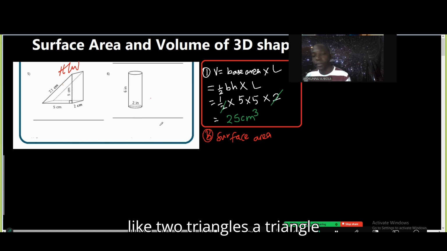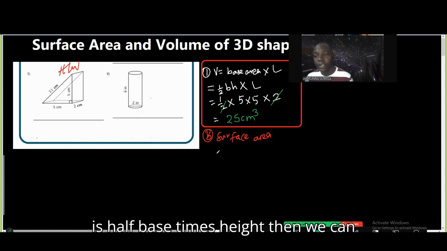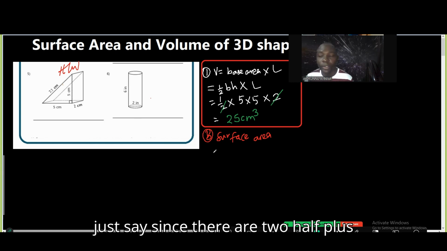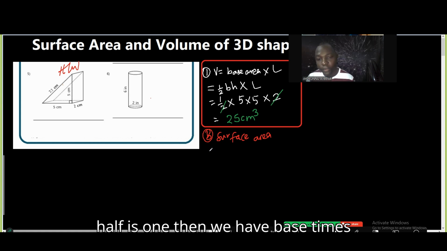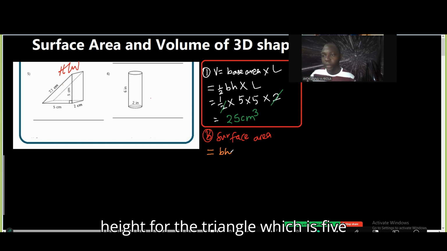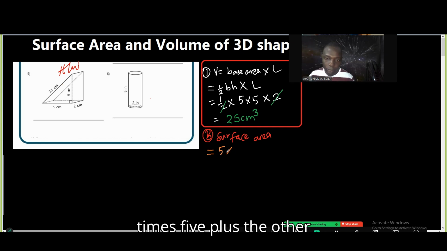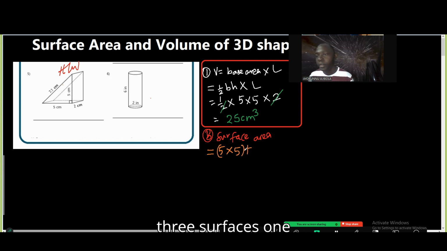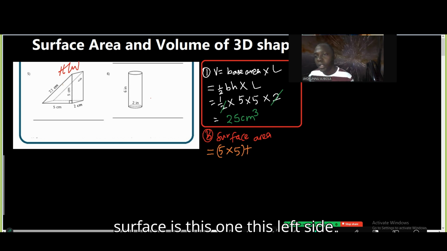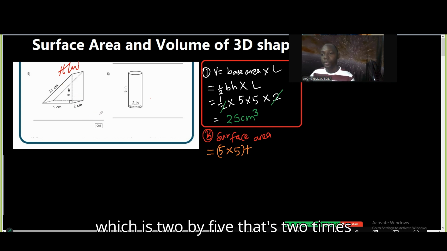Like two triangles. A triangle is half base times height. Then we can just say, since there are two, half plus half is 1. Then we have base times height for the triangle, which is 5 times 5, plus the other three surfaces. One surface is this left side, which is 2 by 5.